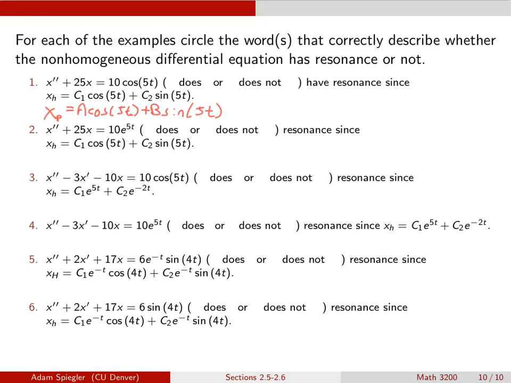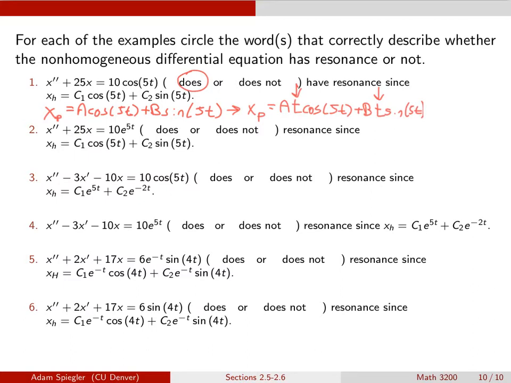You can see they pretty much look exactly the same as the homogeneous solution. So this does have resonance. And in fact, our guess would be a times t cosine of 5t plus b times t times the sine of 5t. So we did have to include these extra t terms to get rid of that resonance.